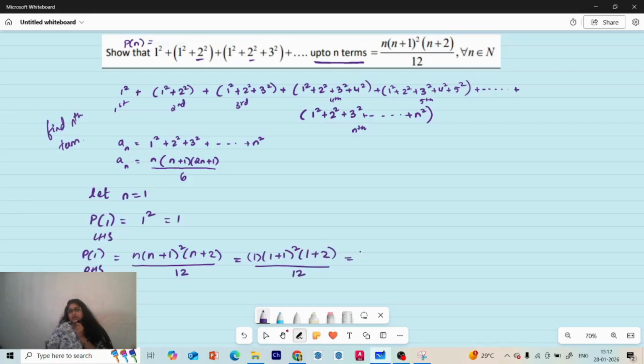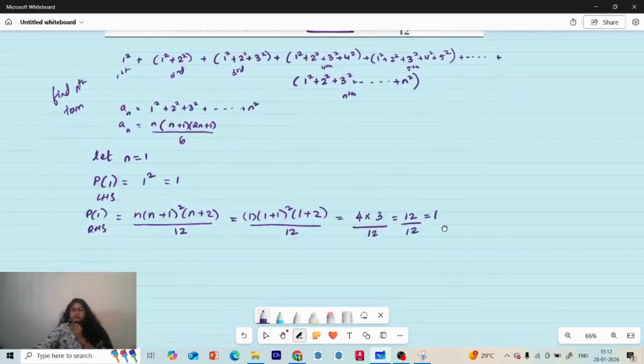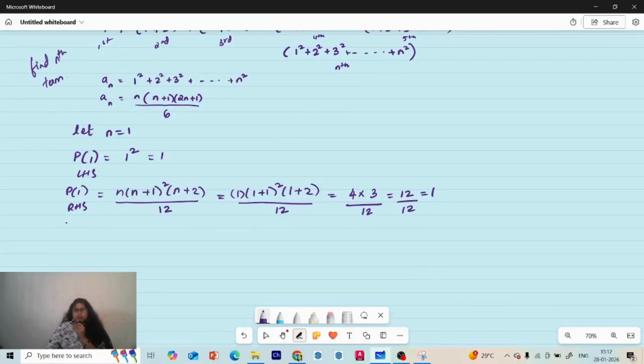So what did this become? 2 square is 4 into 2 plus 1 is 3 by 12. 12 by 12 which is 1. So we got 1. LHS of P of 1 and RHS of P of 1 are both equal. Therefore, we can say that P of 1 is true.